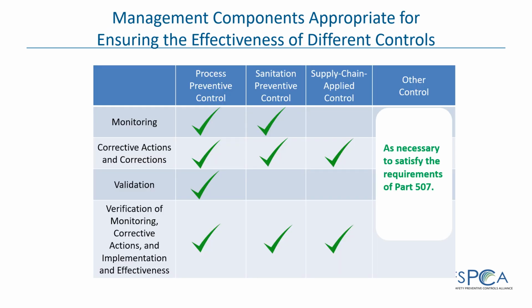Here's this graphic again. We've seen this a few times already, but just to kind of reorient ourselves, we're in the third column here of our supply chain applied control, and the green check marks are going to tell us which management components are required for this type of control. And you'll notice right off the bat that monitoring is not required.